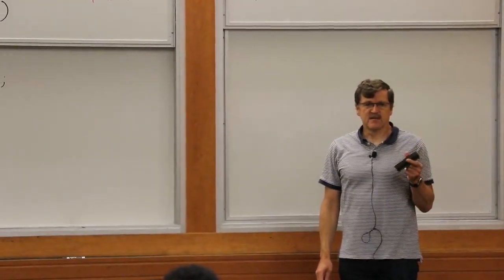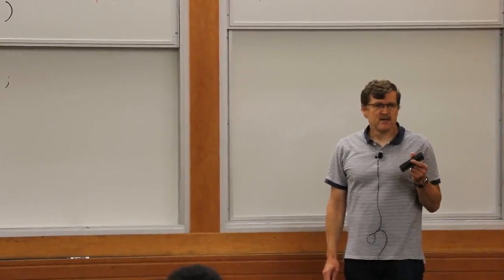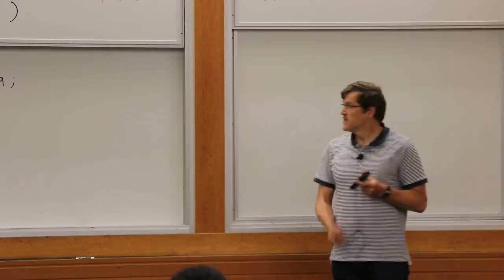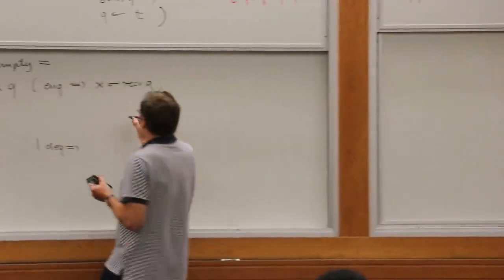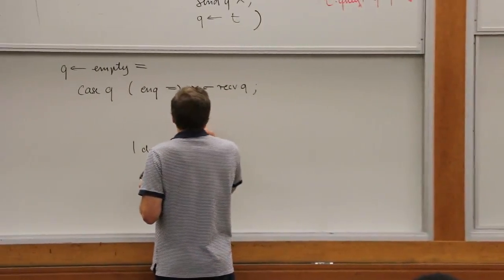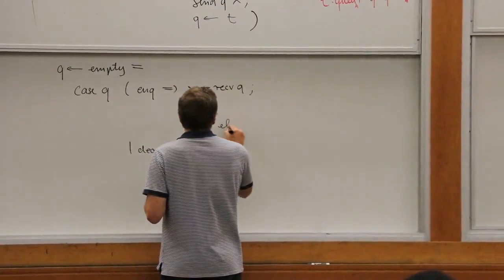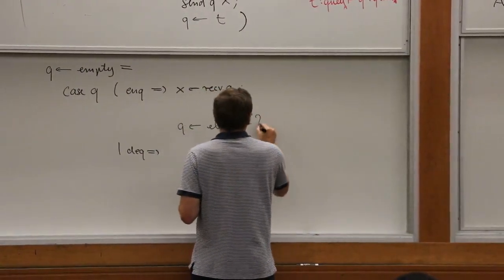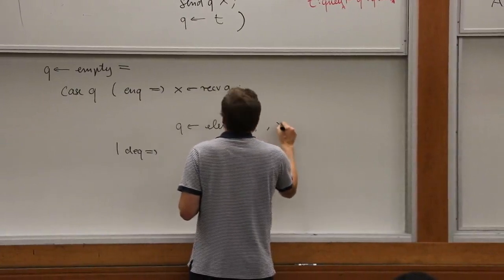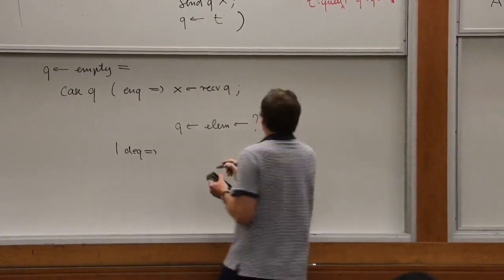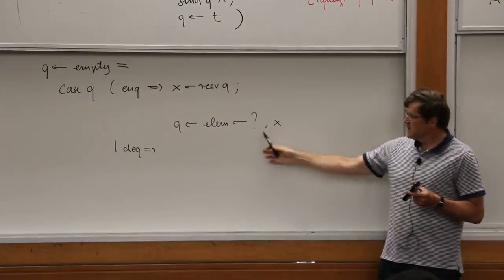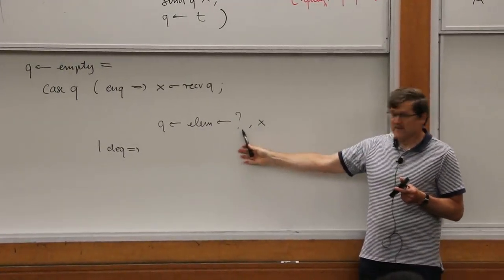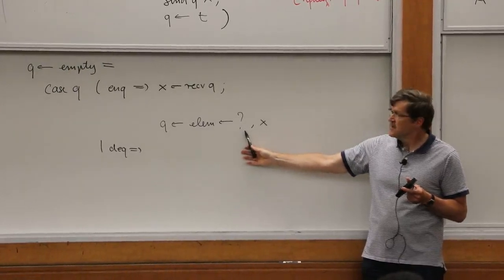What do we do next? We want to start an element process, right, that holds that element that we receive. We want to say, okay, the Q is now implemented by an element process, and we're providing it with something and X. So this element process should get X. But I have to also provide it with a Q. Where does it come from?